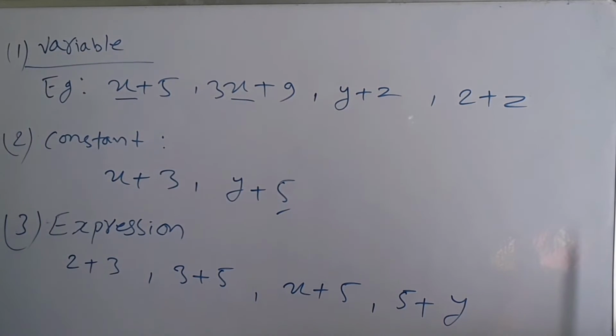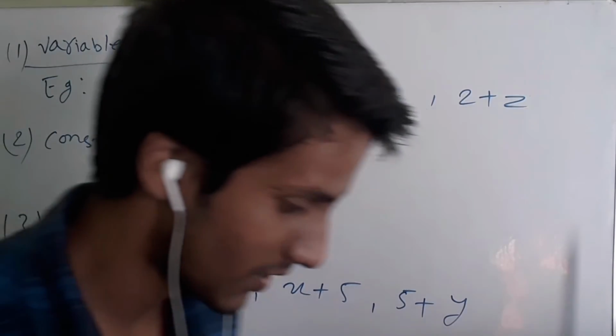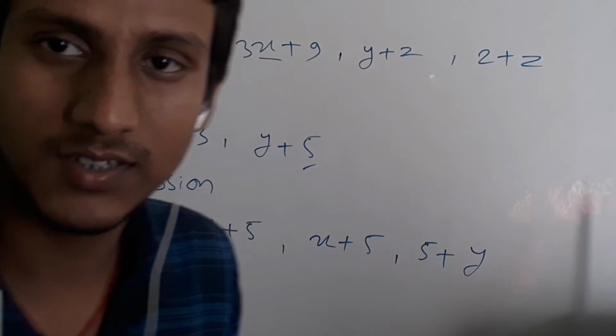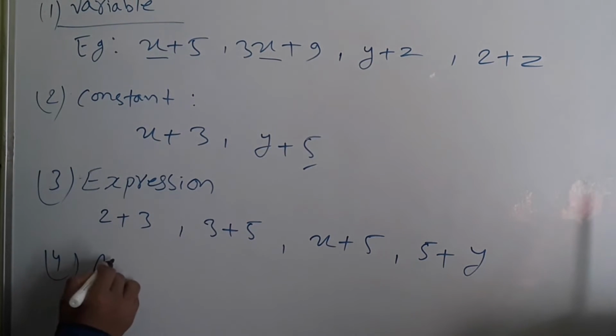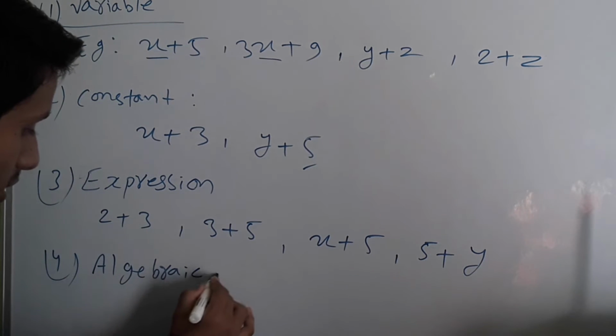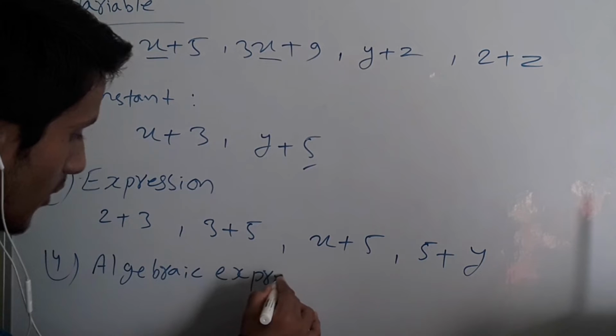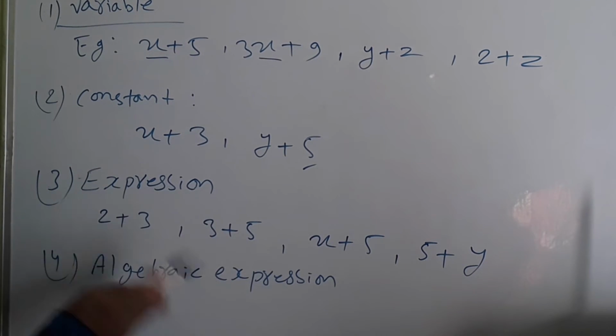Okay, let's talk about the next thing that you might see in an algebra class, and that is something related to this expression. This is related to an expression, the algebraic expression. So you might also say this, and people might think this is totally different from an expression. It is not.